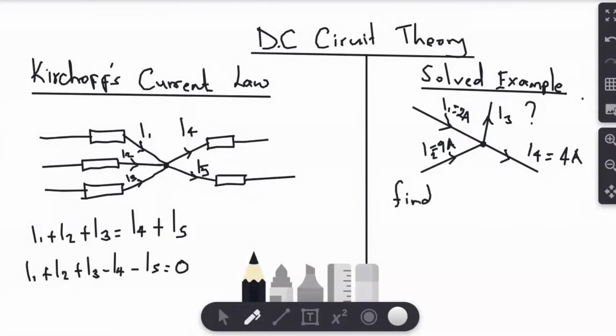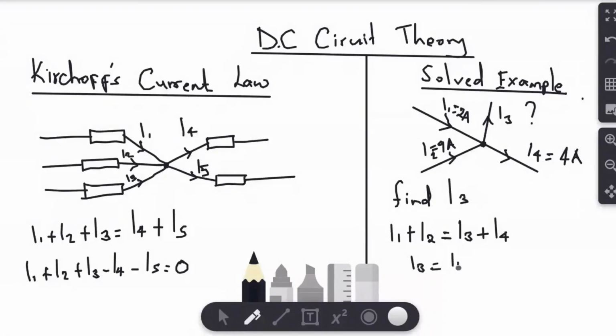So according to the Kirchoff's current law, the total current flowing into the junction is equal to the total current leaving the junction or flowing away from the junction. So I1 plus I2 should be equal to I3 plus I4. We can rewrite that with I3 as the subject of the formula. So I3 will be equal to I1 plus I2 minus I4.